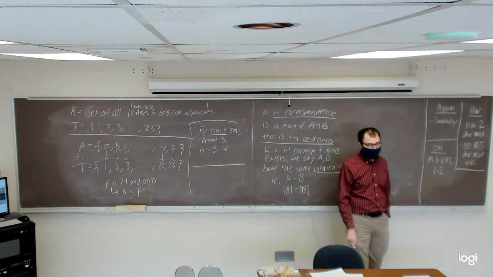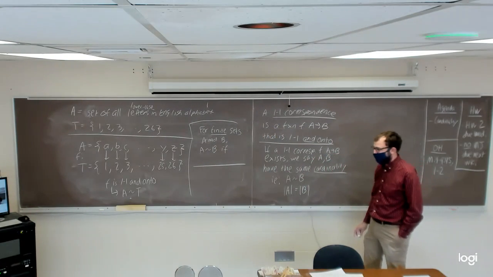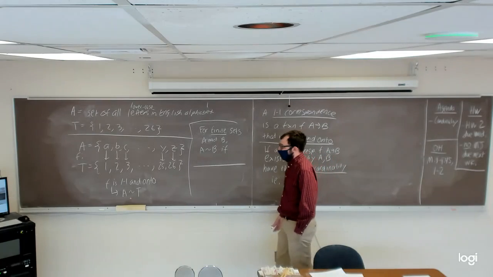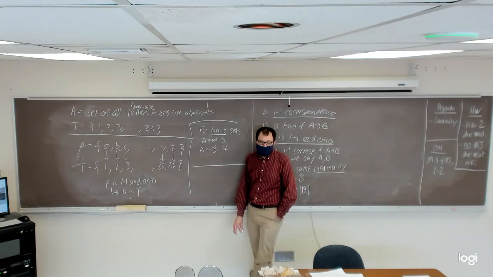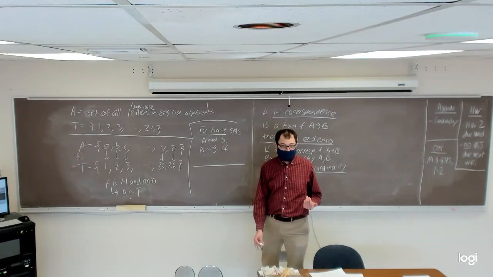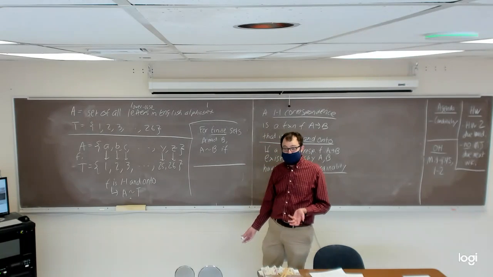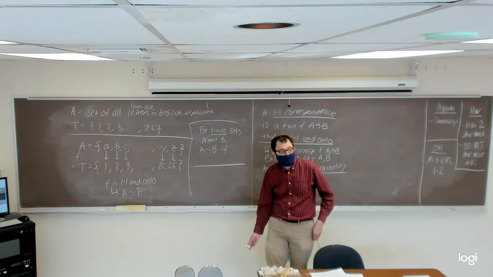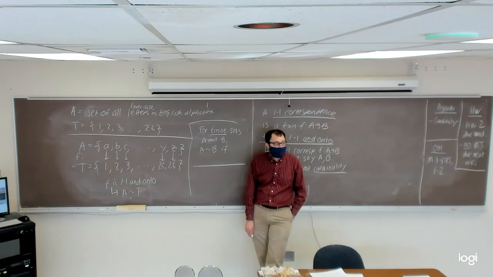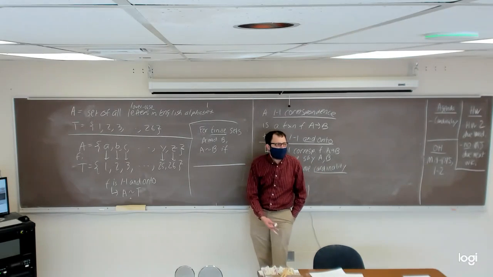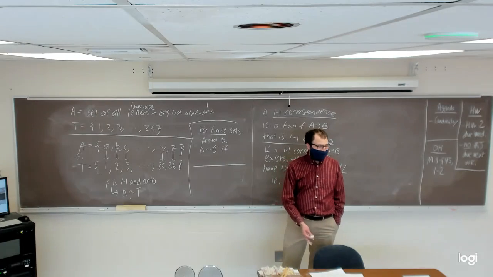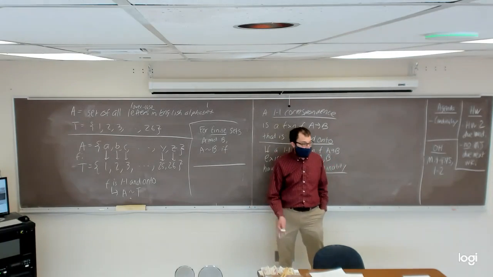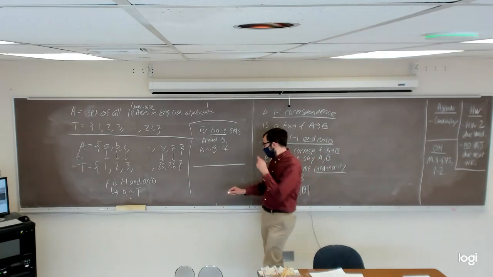How could we fill in the blank for talking about two sets with, say, 12 elements? Or a set with 15 and a set with 20 elements? What would have to be true about your two sets in order to have a one-to-one onto function between them, do you think? Lily? They need to have the same number of elements. It's going to be the case for finite sets, they just have to have the same number of elements.